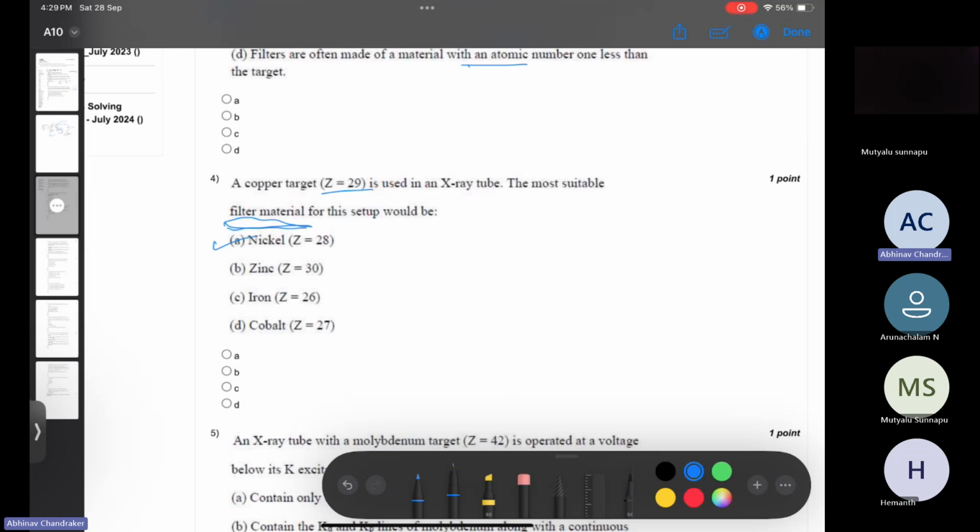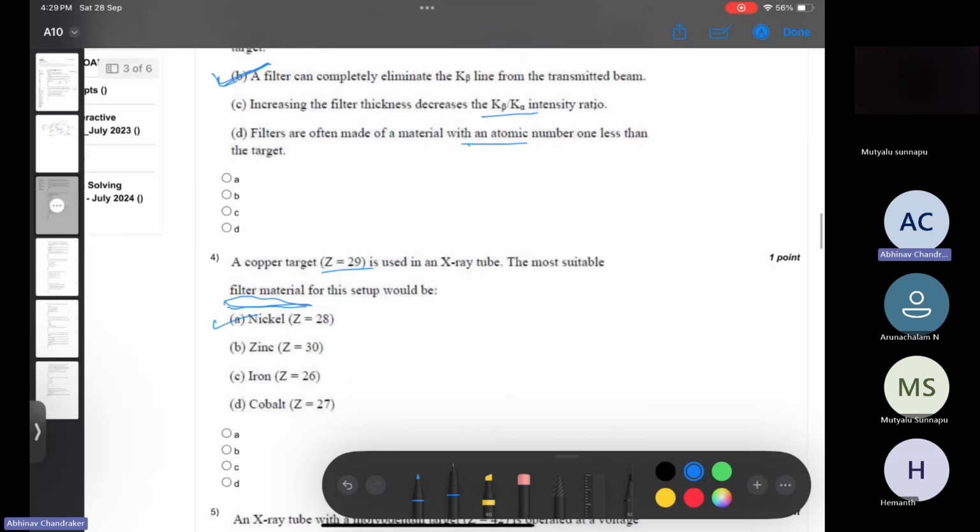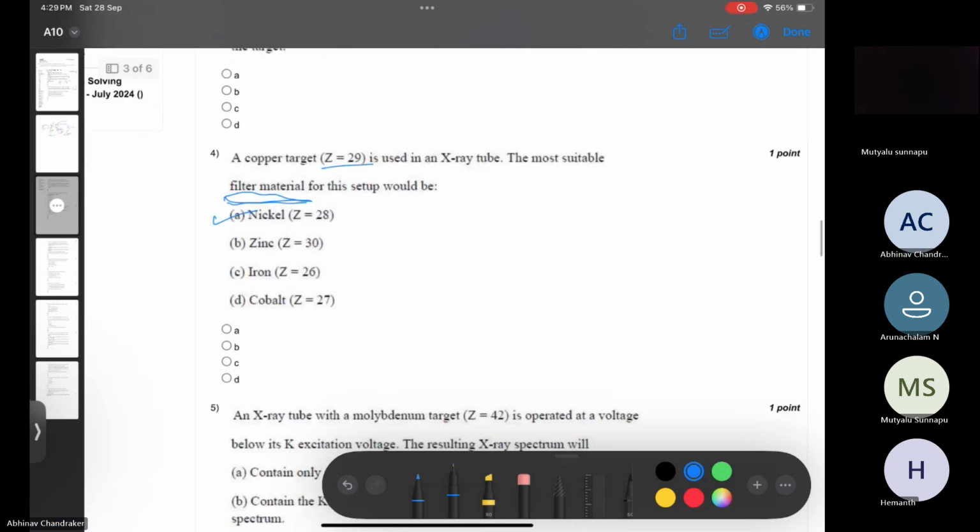So this will be the most suitable filter material. Also, if you want to know why we use a filter material with an atomic number one less than the target, I can explain it. Let me know.